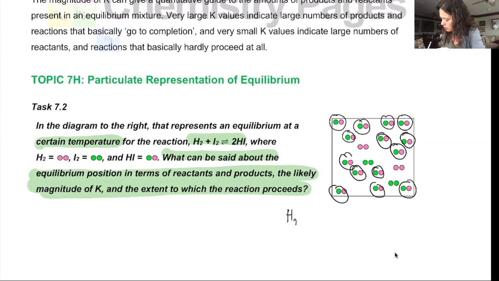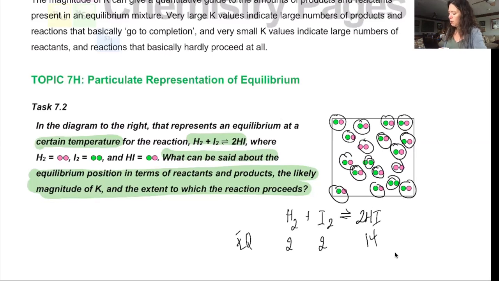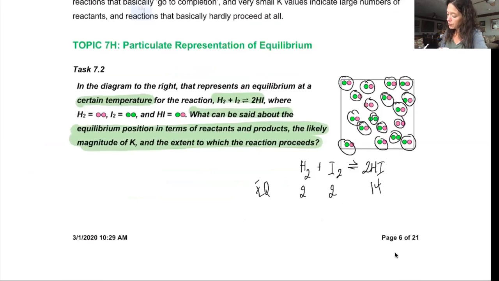We've got 14 of these at equilibrium, 2 of these, and 2 of these. Well, that tells us a lot. What can be said about the equilibrium position? Let's look at what words we would say.